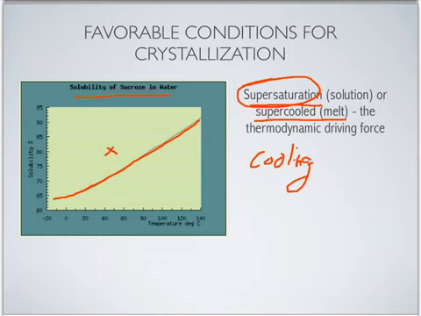The compound can be the crystallizing species, such as water or the triglycerides in the oil, or by somehow producing a concentration in a solution greater than the solubility concentration, meaning that we have to be above this line, because any point on this solubility curve is the equilibrium solubility. So we have to create a condition where we can go above this solubility line, which means that we have to go to the supersaturated state.